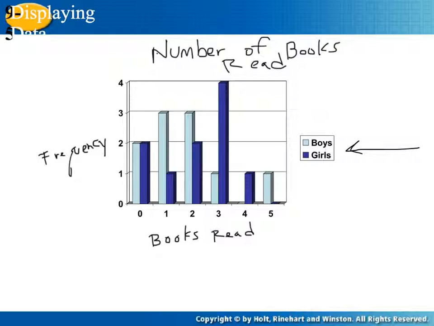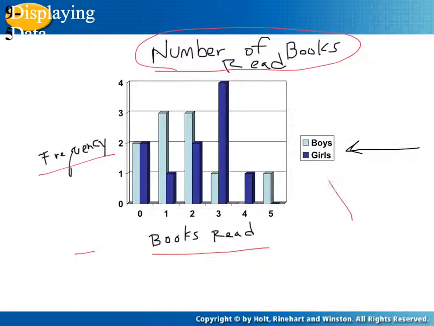Could be number of books read with boys and girls, or boys and girls in one class, or some variation of that. However, you absolutely need to have these in there in order for you to get those full points. Without that information, this graph means nothing. With just the bars, it doesn't mean anything. Okay? So make sure you keep those in there. Awesome.